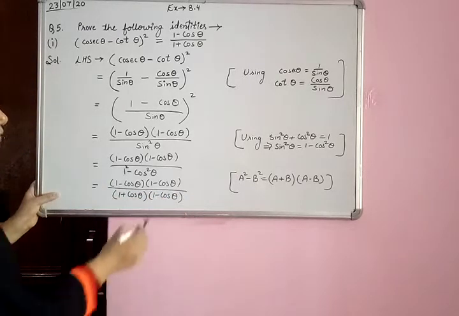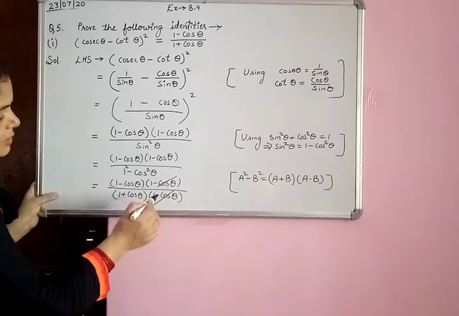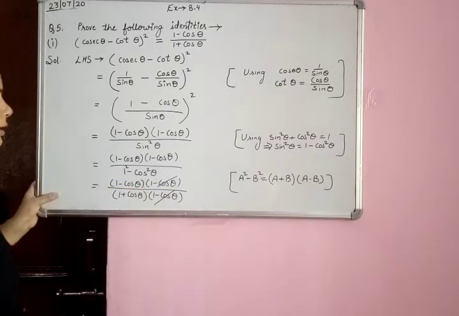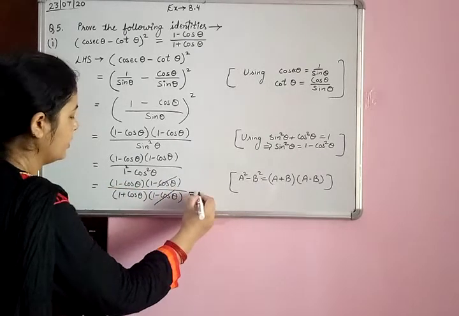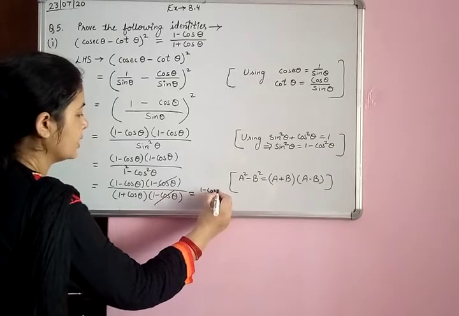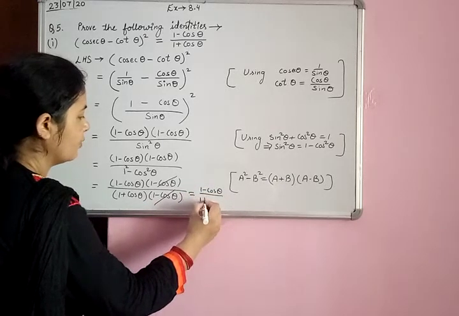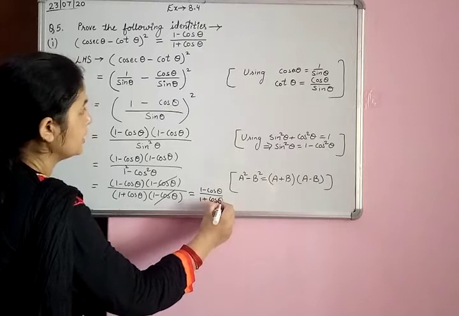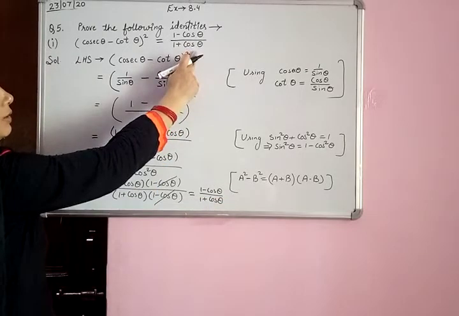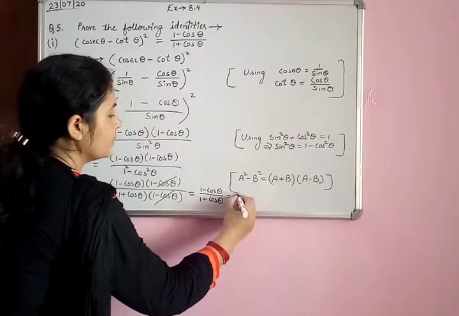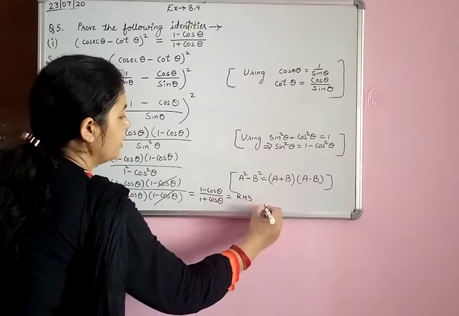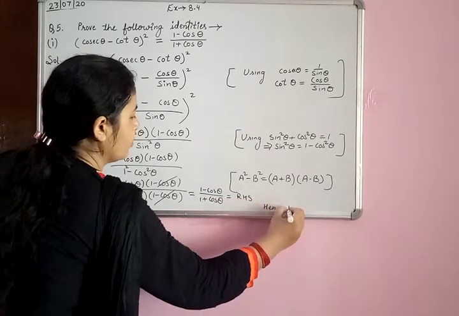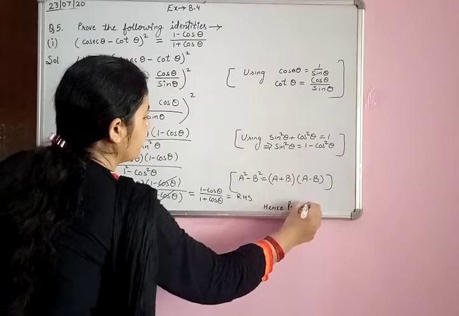Now look at here, 1 minus cos theta and 1 minus cos theta cancel from the numerator and the denominator. Now we have (1 minus cos theta) upon (1 plus cos theta), which is equal to right hand side. So this is equal to right hand side, hence proved. Clear?